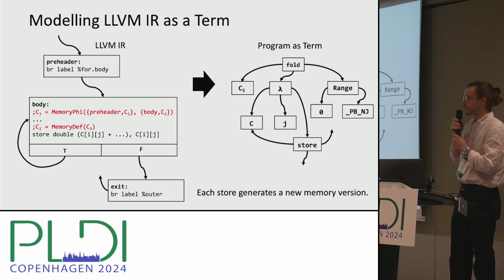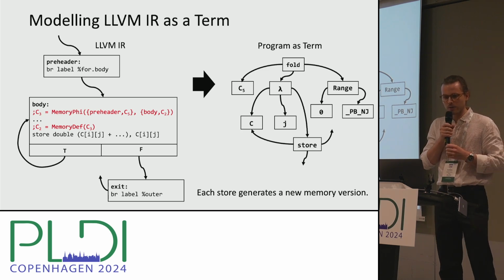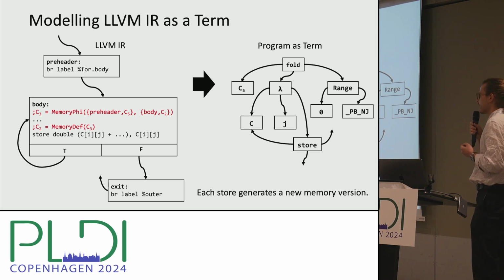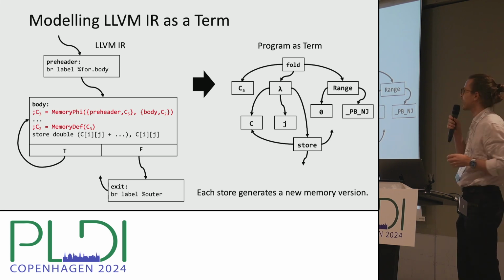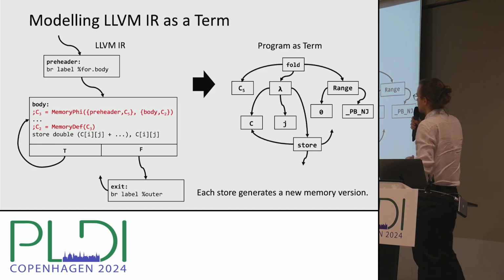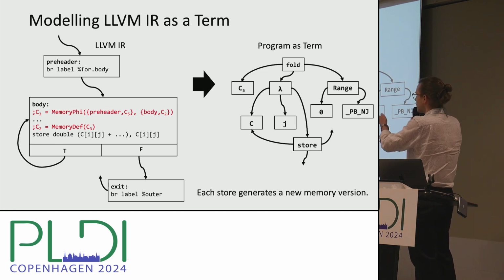So I'll briefly explain what those mean. The memory phi instruction, you can think of like a join point. It's basically choosing a value based off the control flow. And the more interesting instruction that you most commonly see is the memory def.